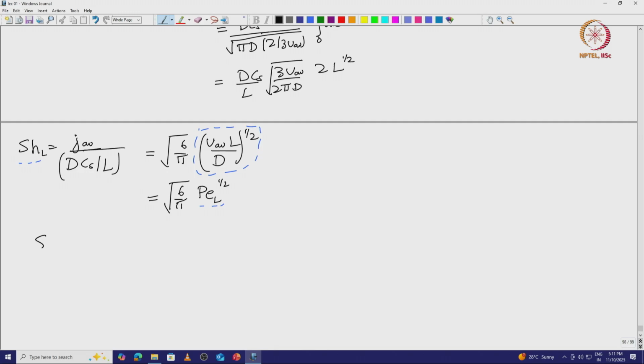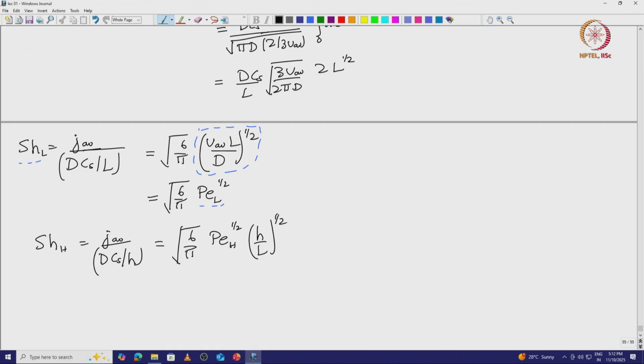The Sherwood number defined based upon height is equal to J average by D Cs by h, which will be equal to root of 6 by pi into (V average L by D) power half, which will be into Peclet number based upon h to the power half into (h by L) whole power half.